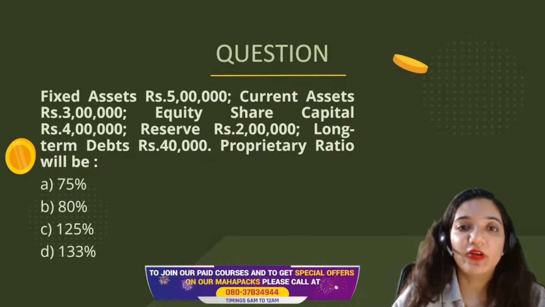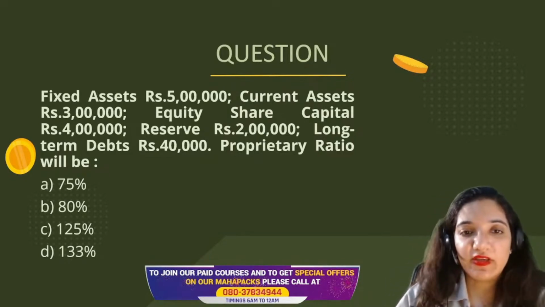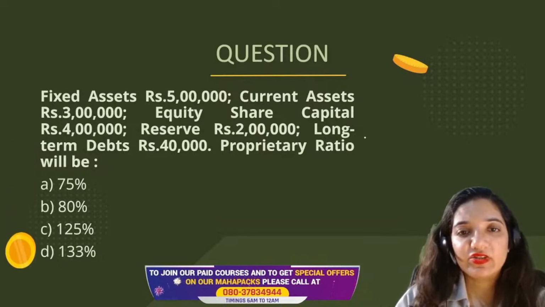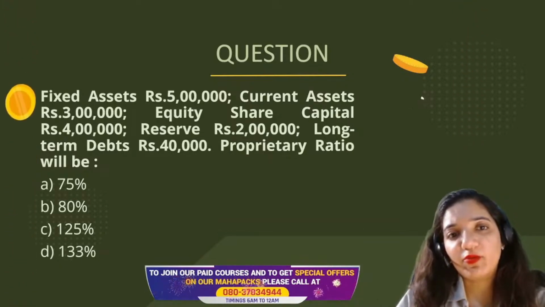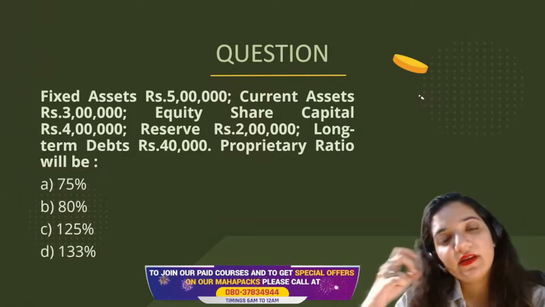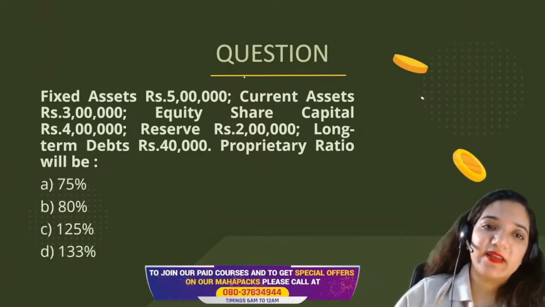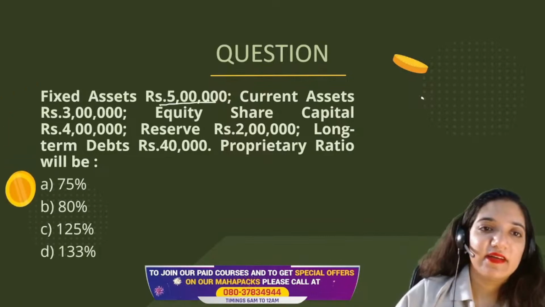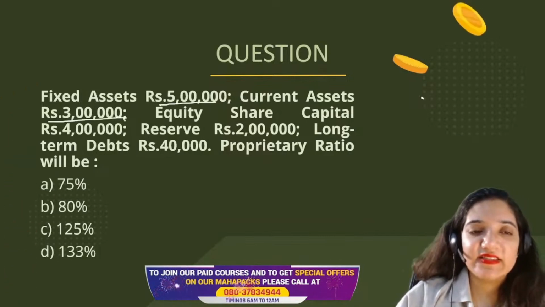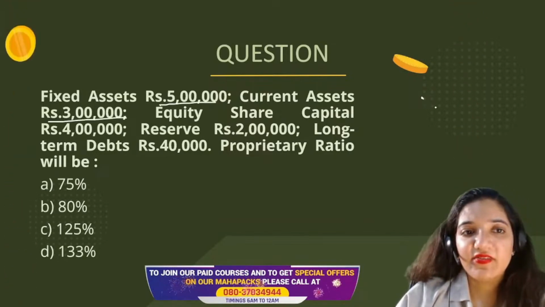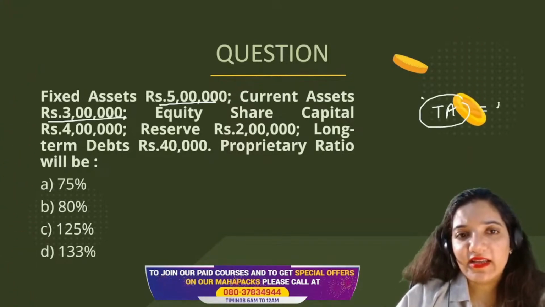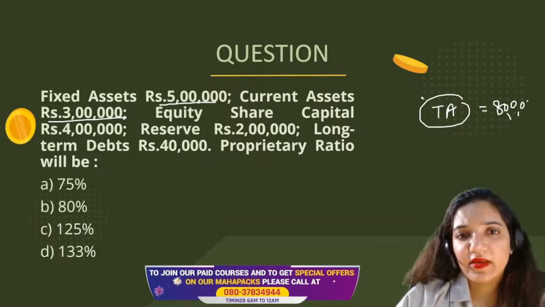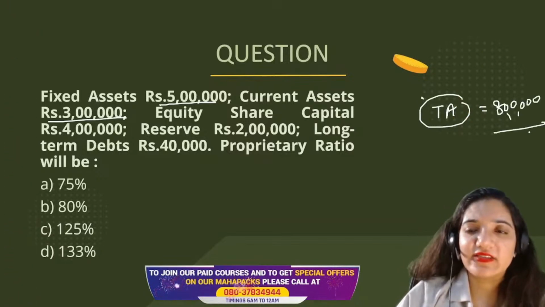Proprietor means the owner of the organization. So how do we find this value? Proprietary ratio is going to be the part of proprietor upon total assets. So the total assets can be 5 lakh fixed assets plus 3 lakh current assets. So can I say the total assets are 8 lakhs? And what is the portion of shares there?